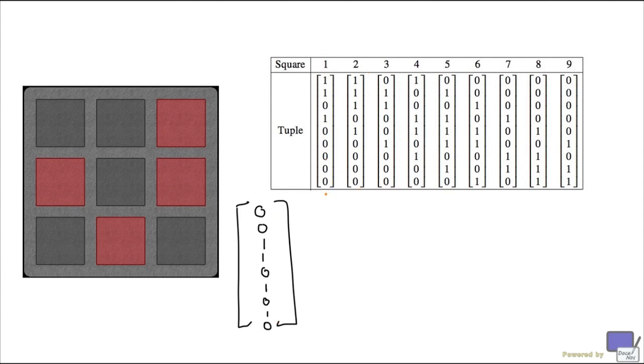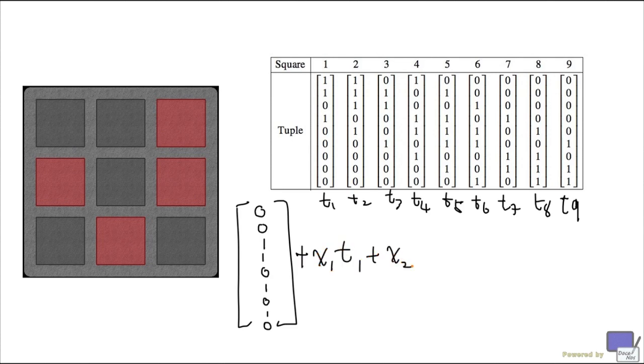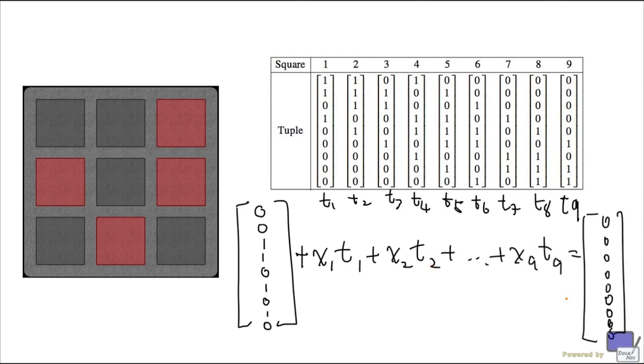Now let me call these tuples T1, T2, up to T9. A solution to the puzzle is simply a selection from these tuples T1 up to T9 such that if you add them to the 9-tuple representing the configuration of lights, you get a tuple of all zeros. Now if I indicate my choice of selecting tuple i by xi, then basically this is the same as saying I want to find a way to assign values to x1 up to x9 such that this equation holds.